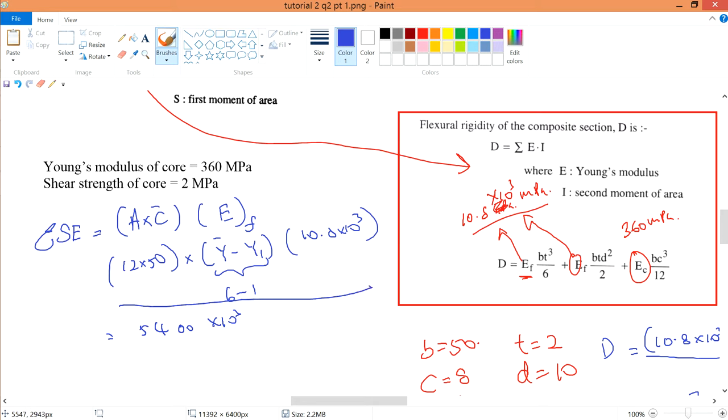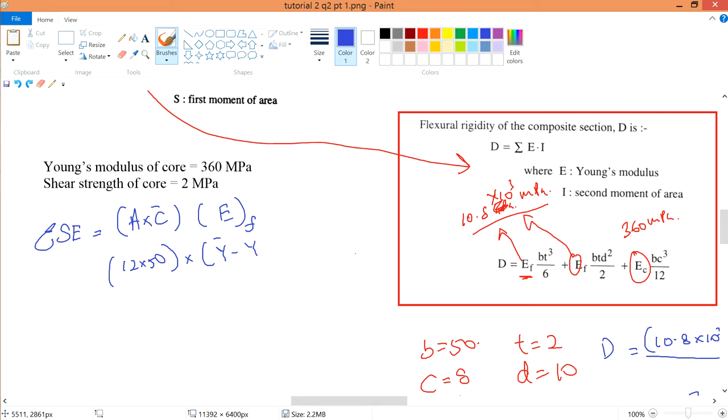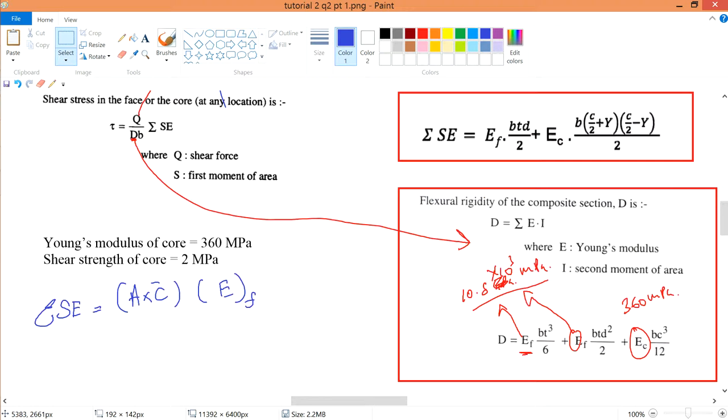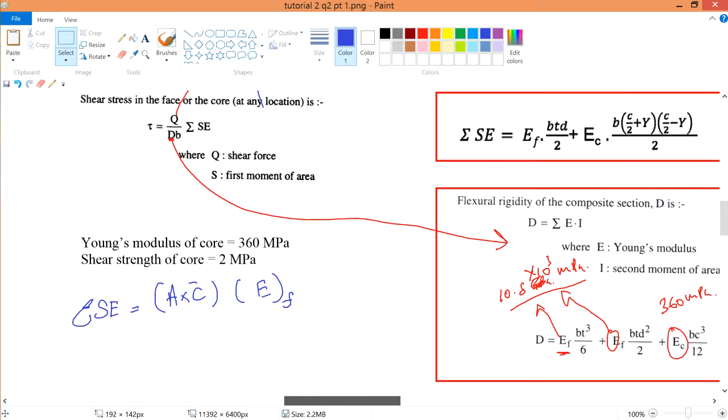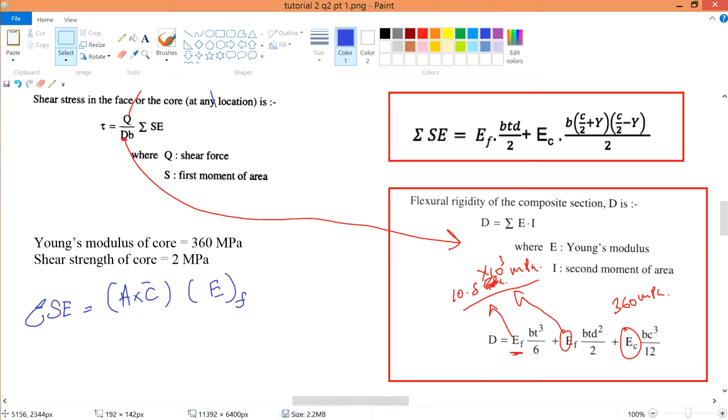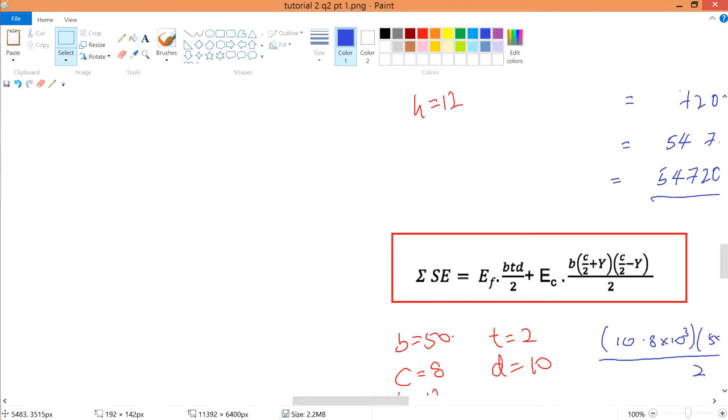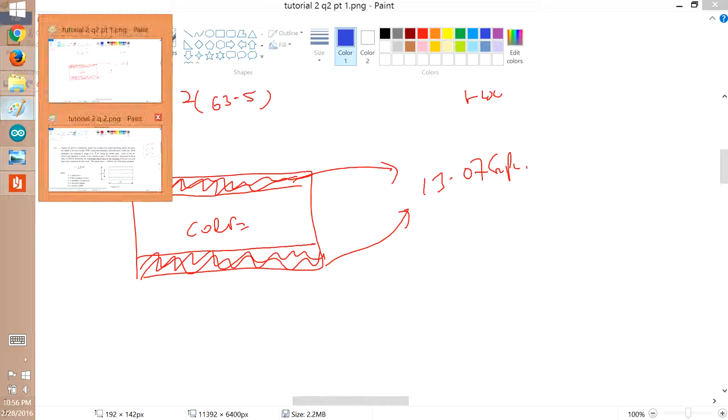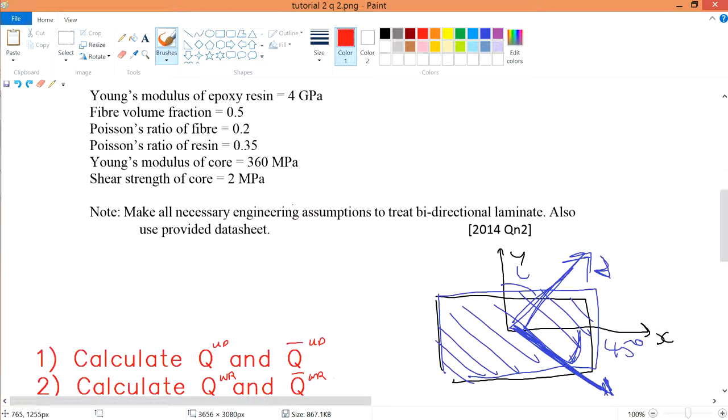If you put it into your calculator, this is not this value at all, actually it's 32400 something, so I don't know what is going on, but maybe it's because I copied wrongly. So I'll leave you to think about it as an alternative method. In the future you can put in more comments to edit this video. Anyway, I think this is it for the whole question 2 of tutorial 2.